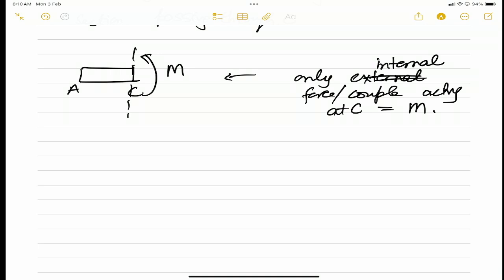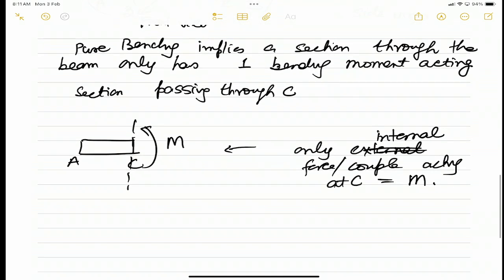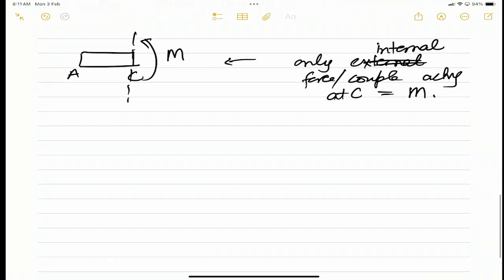If I am cutting it at the internal section of the beam, what I get, it is external to C, but it is internal to the rod. So, the internal force which comes in at section C is just a pure moment M. Now, we have this AC, this is undeformed.